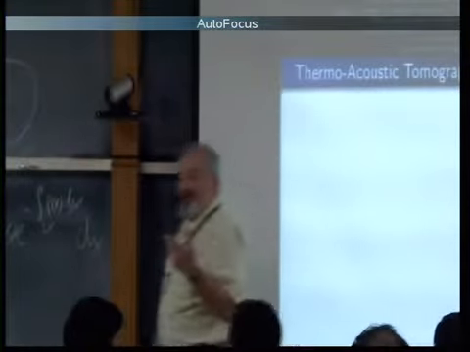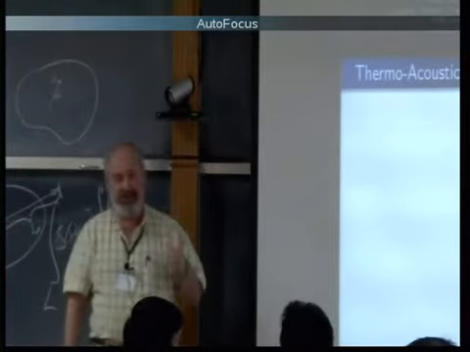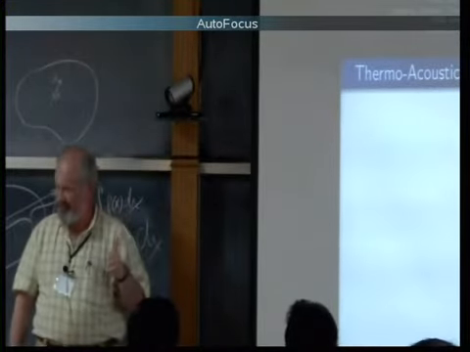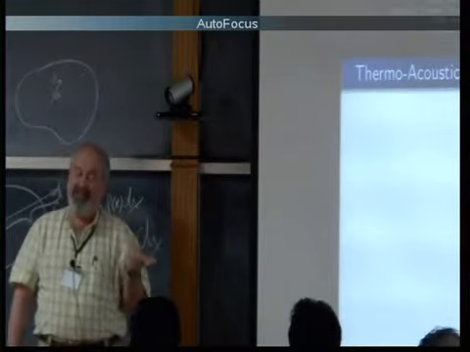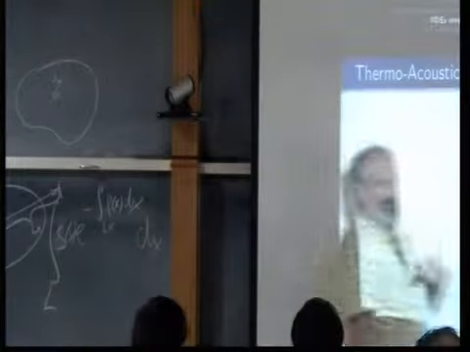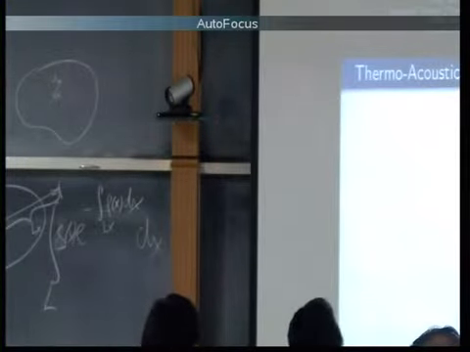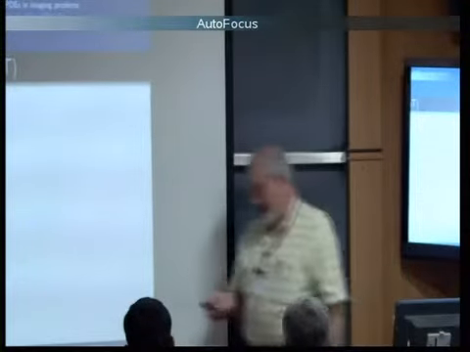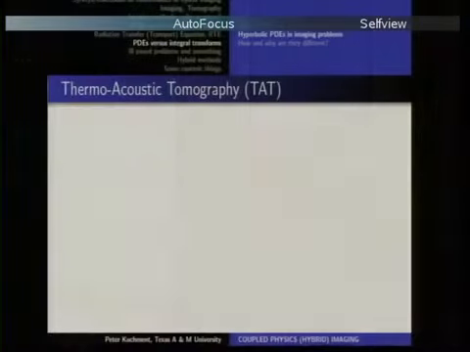So these two things, they have fantastic contrast. They have no resolution. Now let's look at ultrasound. I told you it has sub-millimeter resolution, but it has no contrast. What if we combine those? How can you do this? You do this as follows.